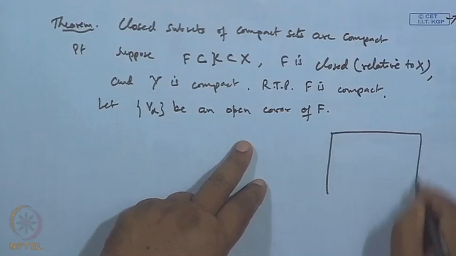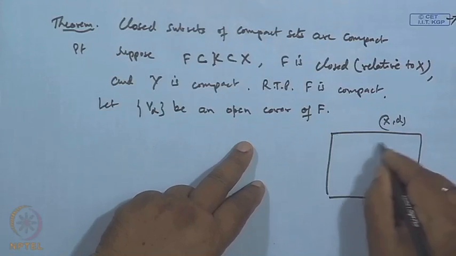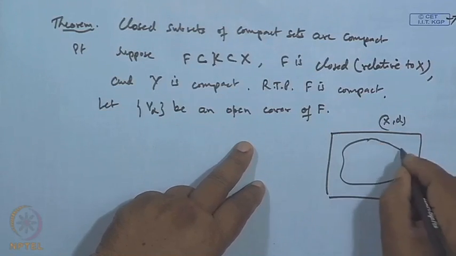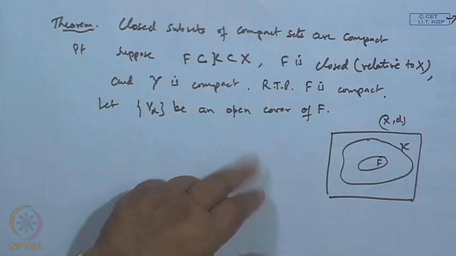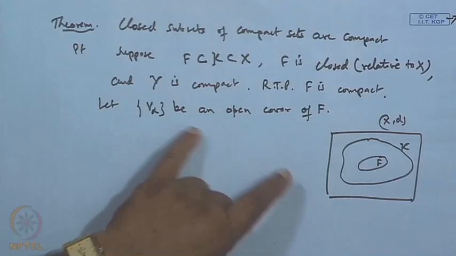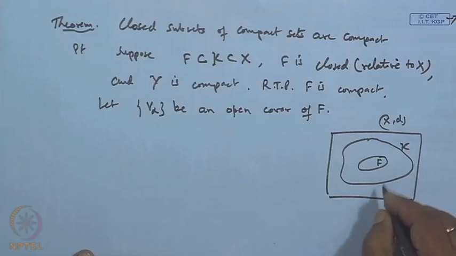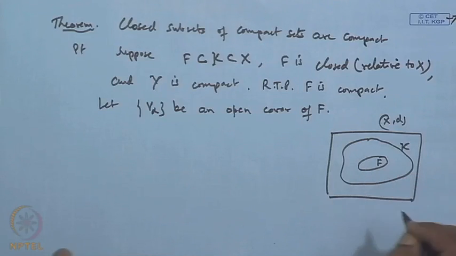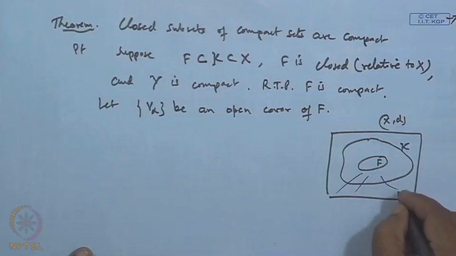Here this is our X, d, here this is a set K, and here somewhere is F. Now, we are taking an open cover of F. What is F^c? F^c will be the complement of F. So here somewhere we have F^c. This is our F^c.